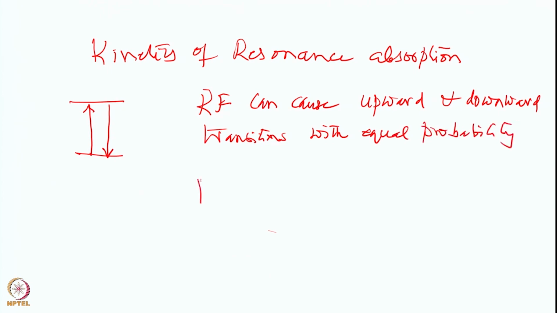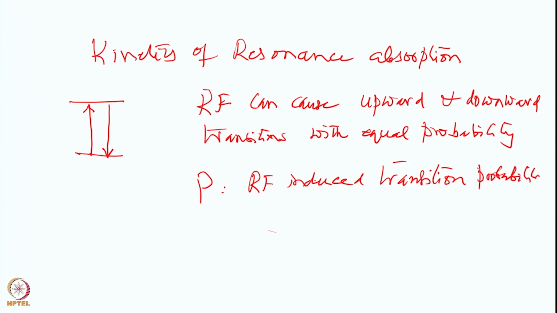Okay. So, we represent that probability as P, this is the RF induced transition probability. So, now we can write rate equations for the transfer of energy in both ways. When it absorbs energy, let us say I have this population here N alpha and I have the population here N beta. So, if I write dN alpha by dt, what is it dependent on? It is dependent on the transition probability and the populations.